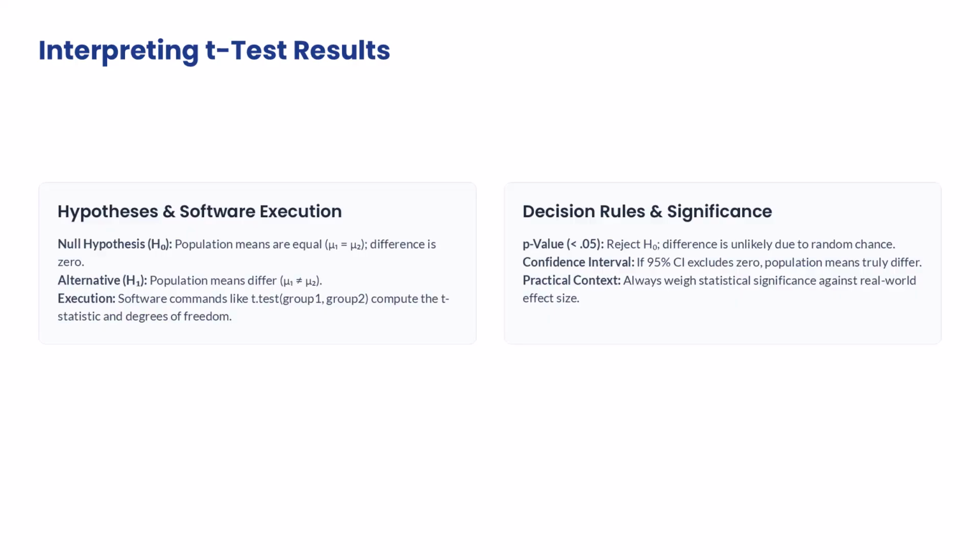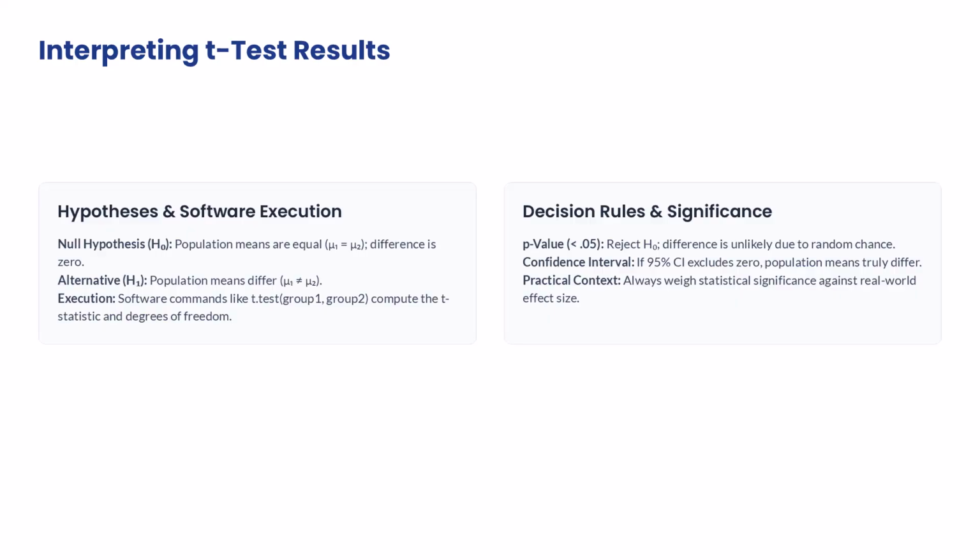When software performs a t-test, it evaluates two competing hypotheses. The null hypothesis assumes the two population means are identical, and any sample difference is pure random noise. The alternative hypothesis asserts a true population difference. Software calculates the t-statistic and corresponding p-value.